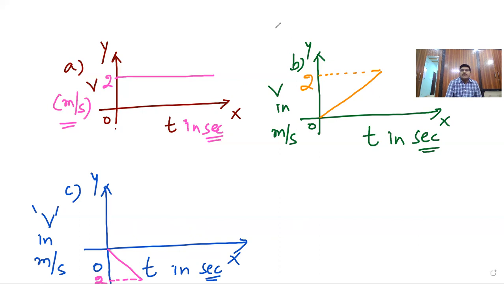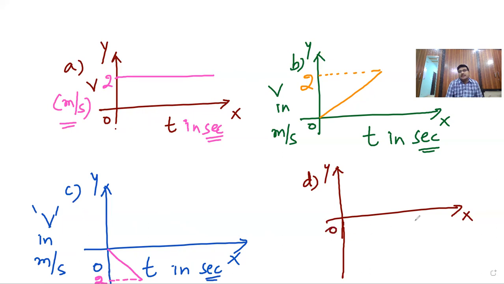Let us see the fourth option, D option. This is the x-axis, y-axis, here origin. T in seconds on the x-axis, and v, velocity in meters per second, on the y-axis. Clear?